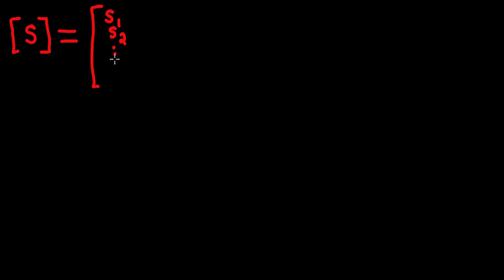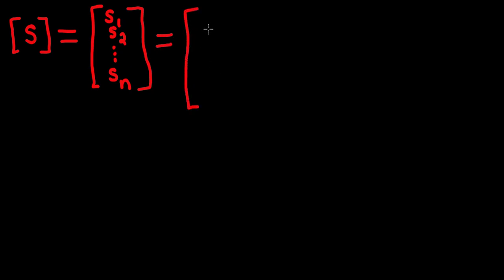These are your state variables, and n is the order of the differential equation that you're working with. These variables represent the function that you're solving for and its derivatives, all the way up to the n-1th derivative.